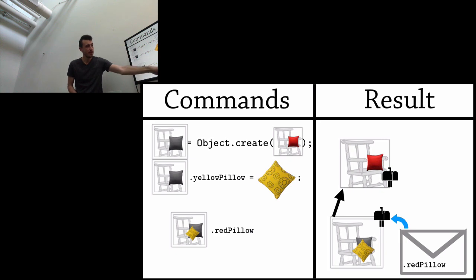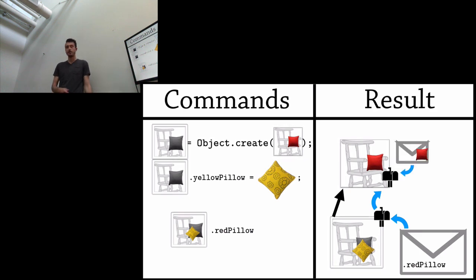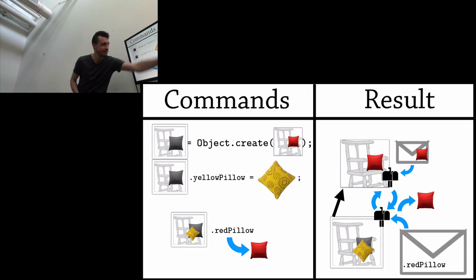This object doesn't know how to respond, so it asks its prototype if it knows how to respond. The prototype says, yep, here it is, I got it for you, let me send it back down, and wow, that was supposed to be a smooth transition. That's what was supposed to happen. So let me send it back down, and then send it out here, and this is the result of the program, basically.